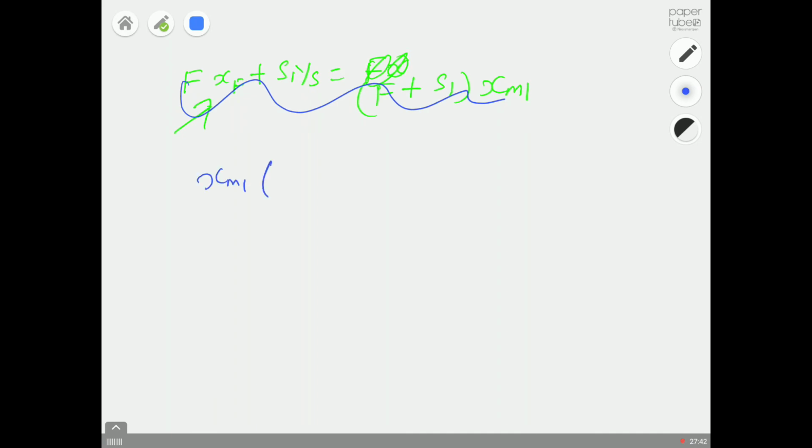xm1 into f plus s1 is equal to fxf plus s1 ys. This is nothing but your equation 5.